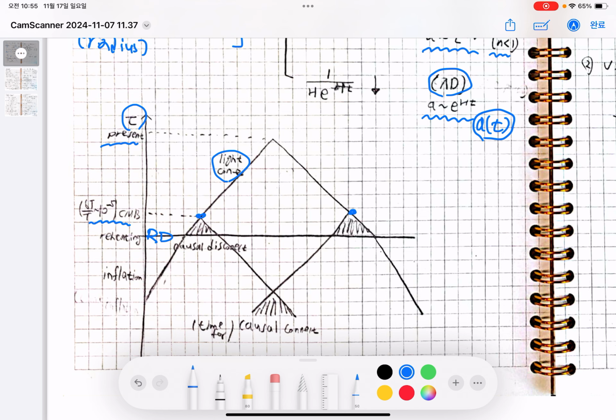So to explain such a correlated CMB, it demands a causally connected light cone, and if there is implantation, then there can be the time causally connected here.